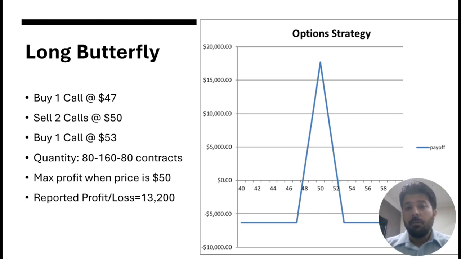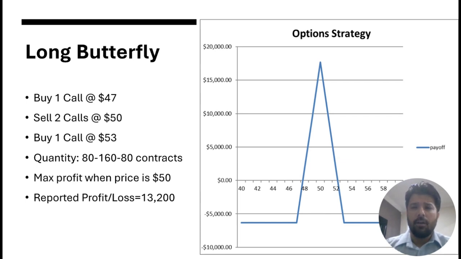Next, we have the long butterfly. In this strategy, we buy a call at $47, sell 2 calls at $50, and buy another call at $53. The payoff graph looks like a sharp tent, and we achieve the highest profit when the stock price ends close to the middle strike, which is $50.